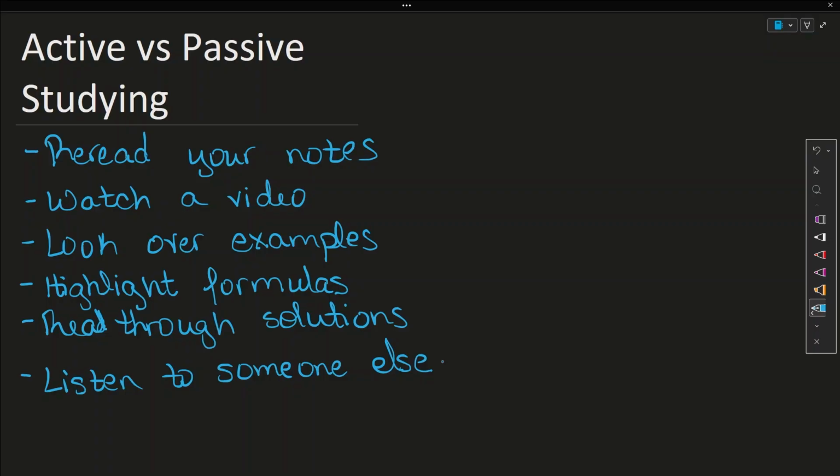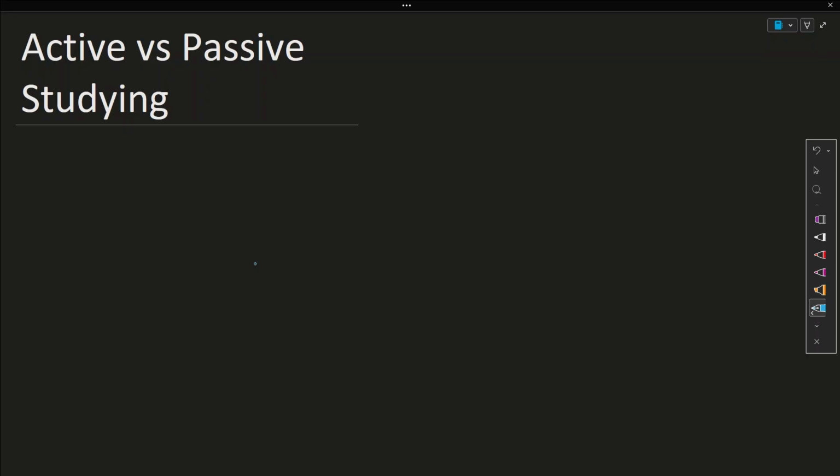Now, let's compare that to active studying. Active studying is when you are doing something with the information.